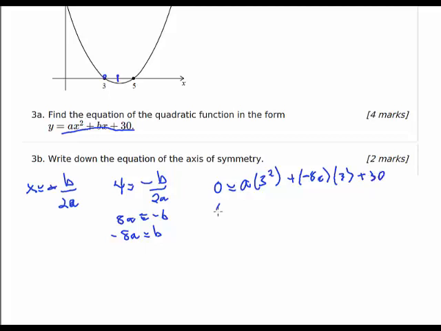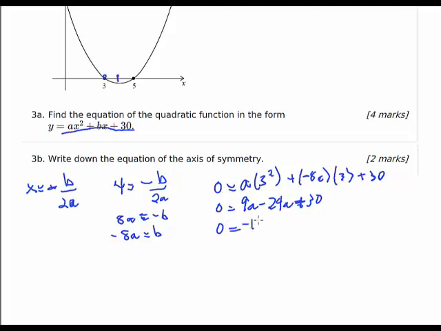So now what we have is 9a minus 8 times 3, 24a, plus 30. This is negative 15.